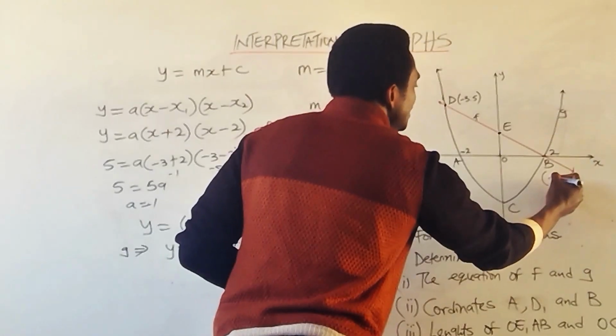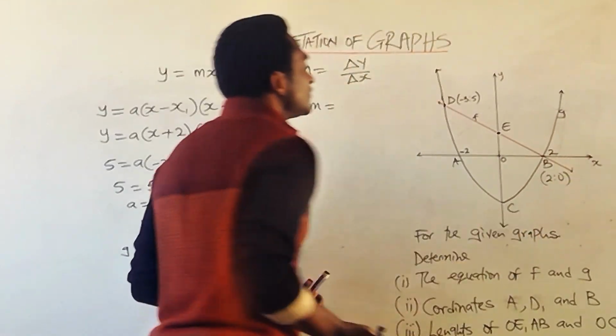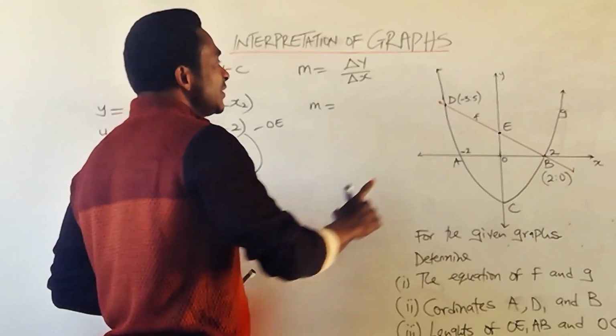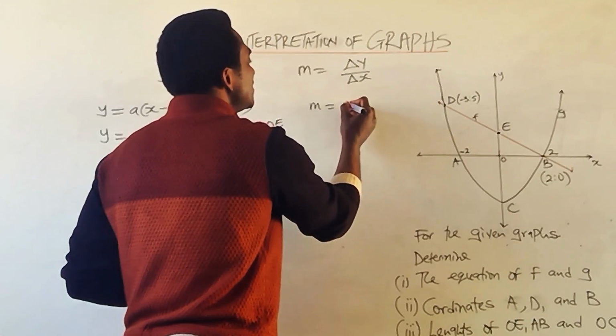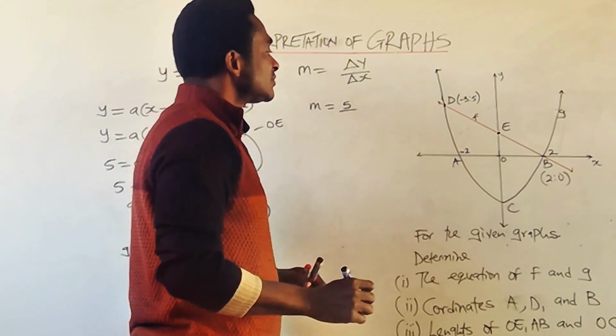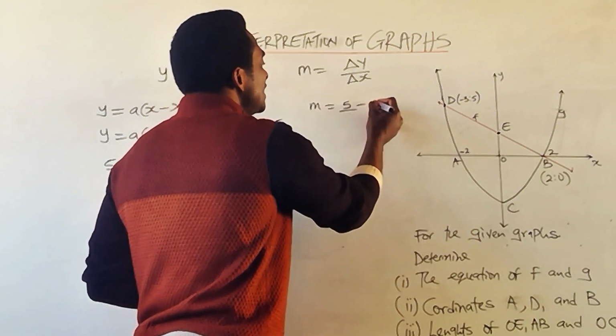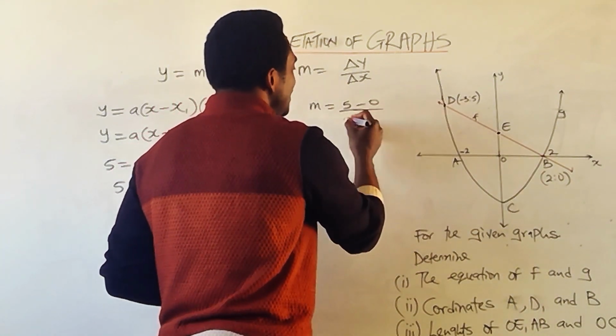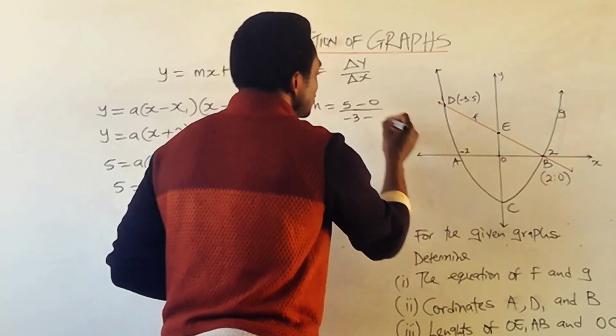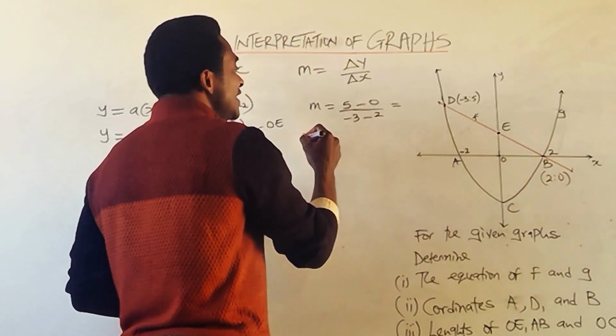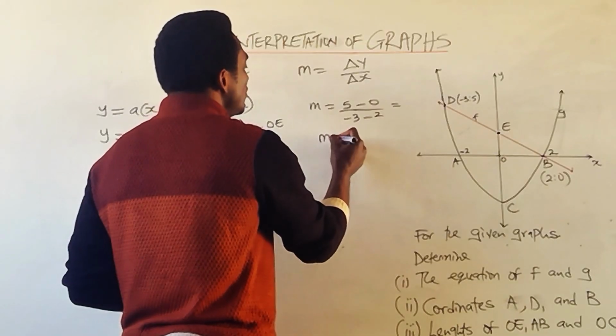And we have two coordinates here. The coordinate of b is 2 and 0. So if we take our change in y, we can take 5 minus 0 is 5. Change in x is -3 minus 2. So we'll have 5 over -5, and m will be -1.